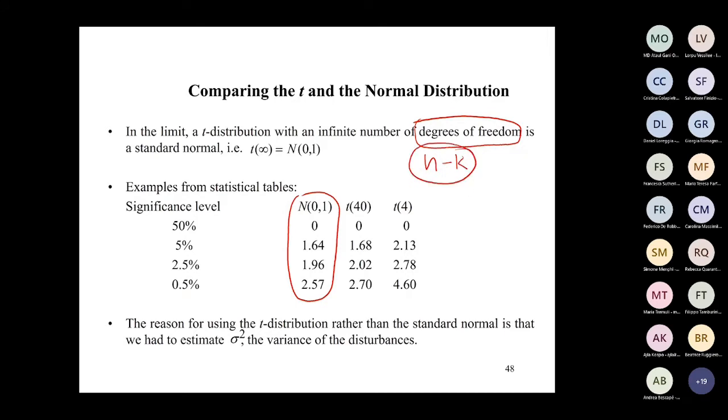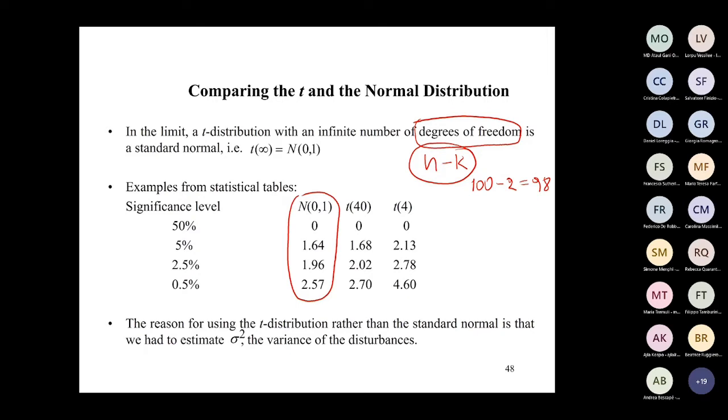So if I have 100 observations and I'm estimating two coefficients, my degrees of freedom are going to be 100 minus 2, which is 98. So this is the degrees of freedom.